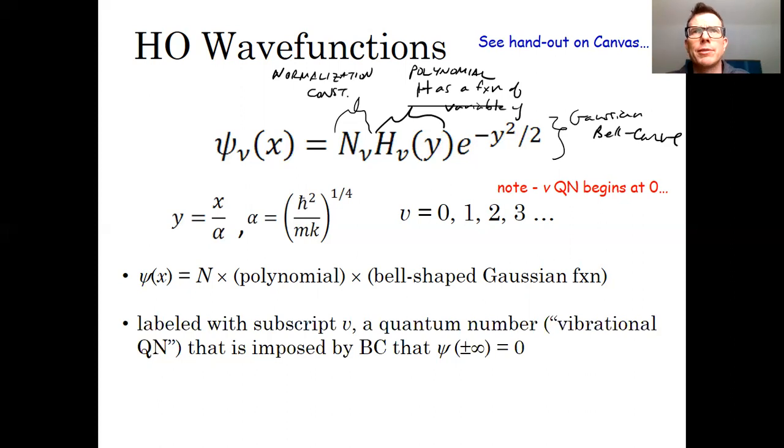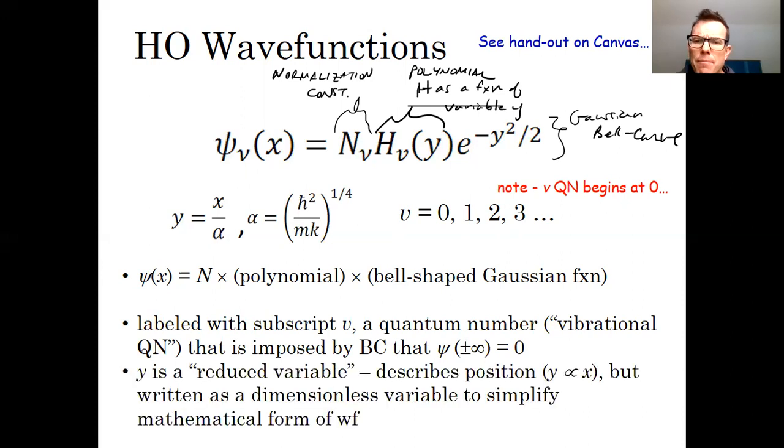So if I have an infinite position, I get an infinite potential. That requires that the wave function go to 0 and imposes this quantized boundary condition. That's where this comes from. So all of these solutions are labeled by the quantum number v.